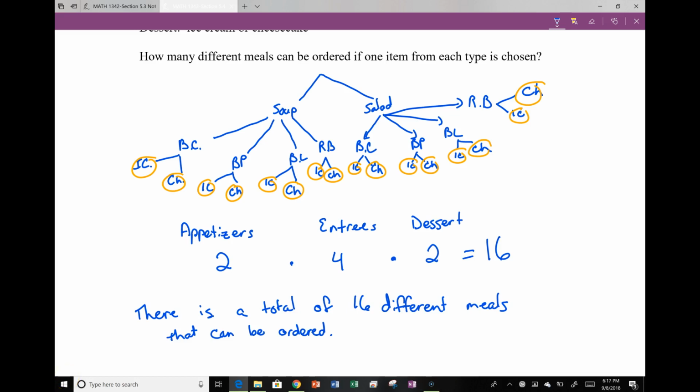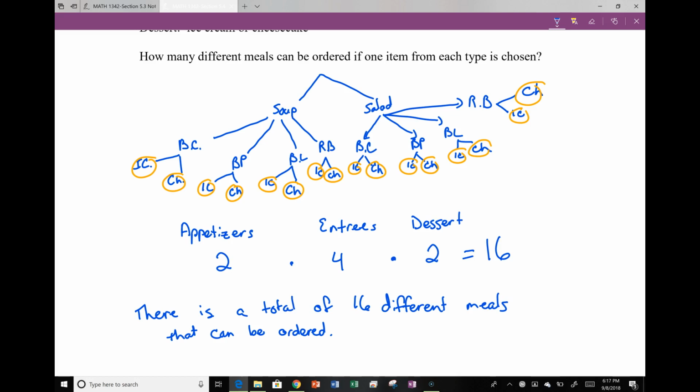So when we're looking at this, each one is different and has no bearing on the other one. It doesn't matter if I choose a soup or a salad, I can still get the baby liver. Or it doesn't matter if I choose the beef patty or the baked chicken, I can still get ice cream. These selections are independent of each other.